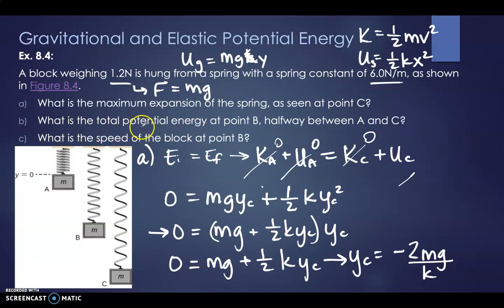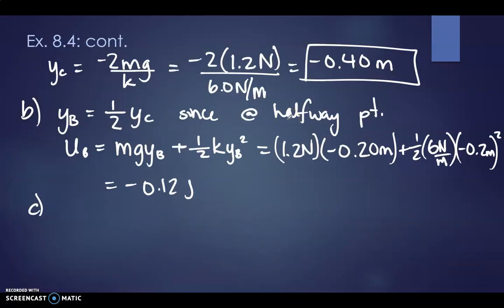Okay, and there is one more part to this. It states, what is the speed of the block at point B? If we're looking for the speed, we will want to know the kinetic energy, right? So our kinetic energy is 1/2 mv squared.